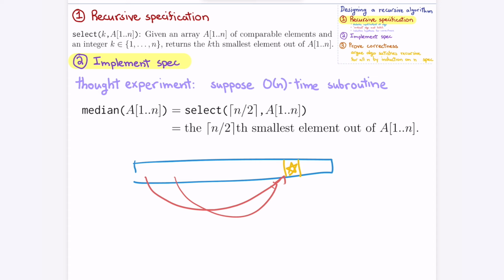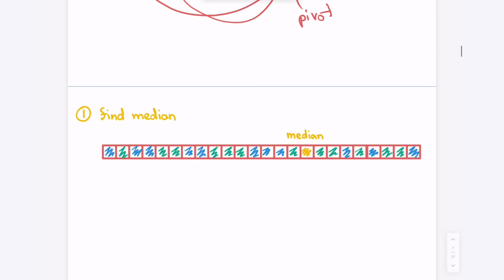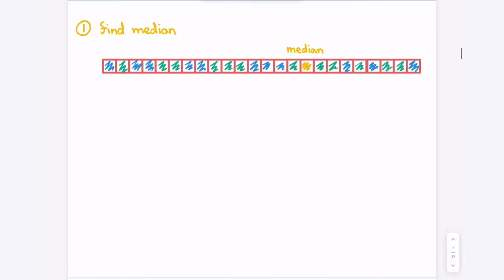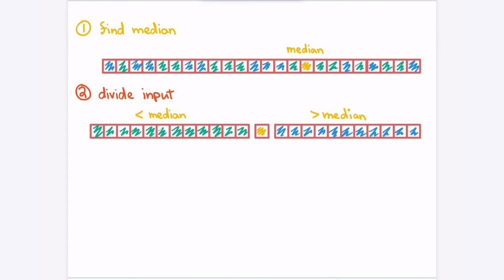assembly required. Sometimes when we think of splitting like this, a terminology that's commonly used is a pivot. But here I have a picture for us. Step one, we'll find a median. Then we divide the input into everything smaller and everything bigger.